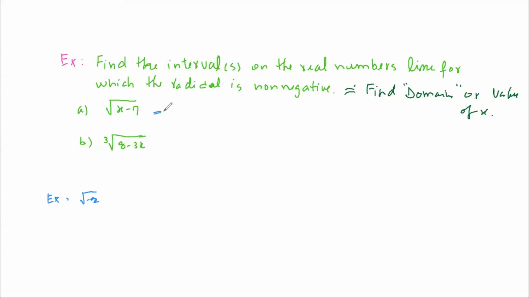So in this case, the solution is that your x minus 7 must be greater than or equal to 0. Every time, it must be greater than or equal to 0. So you take the whole thing under the square root and say greater than or equal to 0, and then you solve for x. That's it. And they want you to just plot the graph.